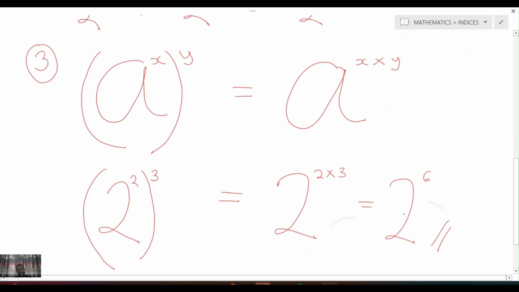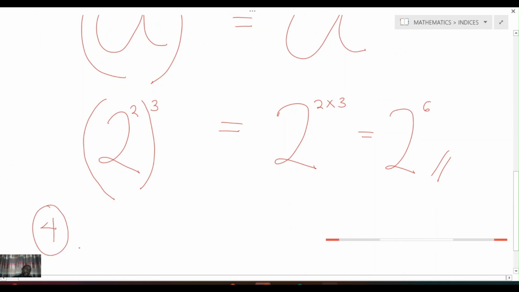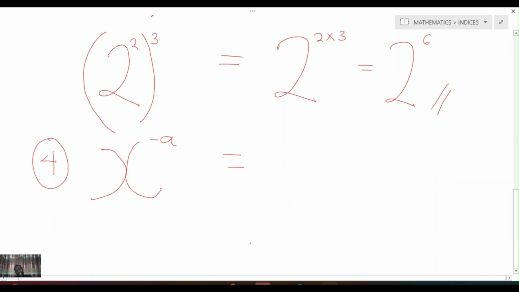Now we've talked about three rules of indices. Let's look at rule number 4. If you have a number x raised to power negative a, this can be evaluated as 1 over.